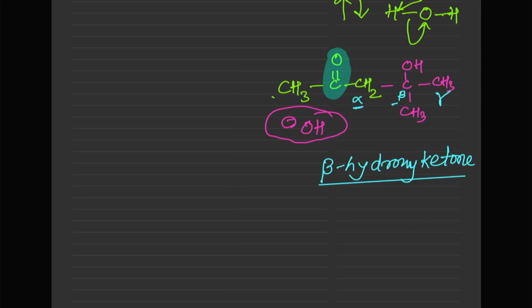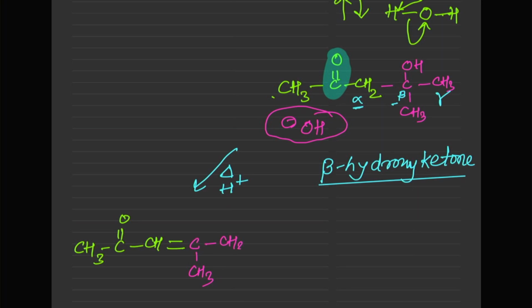So here is something more. If you use heat and H plus, you can dehydrate, dehydration reactions, right? So dehydration reactions can make this CH3 CO CH2, and then you can create a double bond here, CH3. Oh, by the way, this is going to be H, CH3.